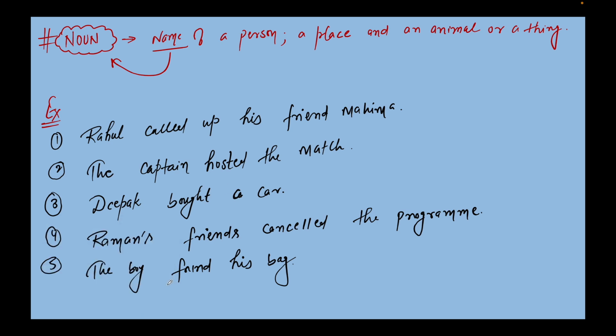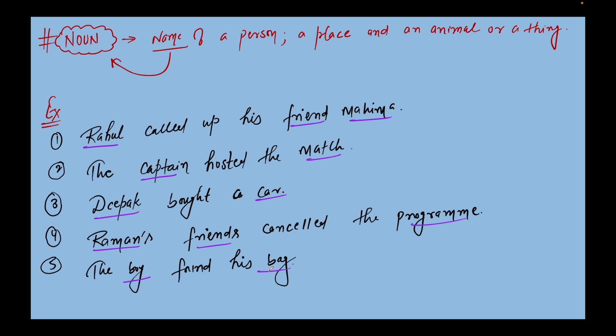a noun. Then you will say, Rahul is a name, friend is a name, Mahima is a name, captain is a name, match is a name, Deepak is a name, car is a name, Raman is a name, friends is a name, program is a name, boy is a name, and bag is a name.